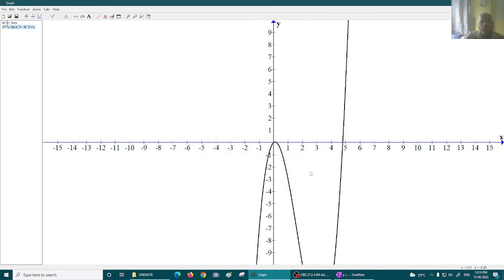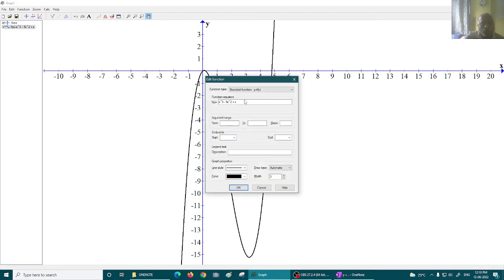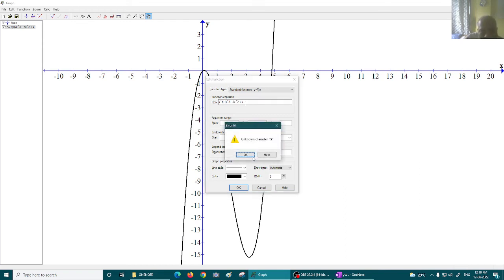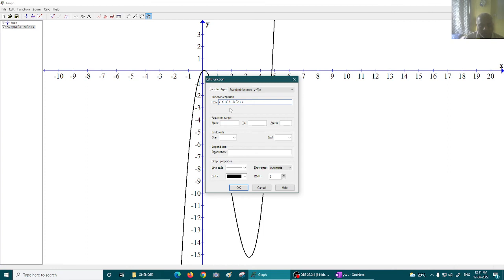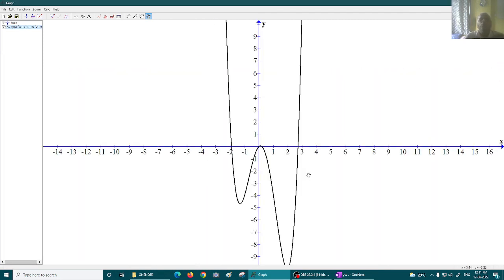Okay, so now it looks like this. That's the nature of this. If you want, you can add say x raised to 4 over here and then minus x cube and so on. So this is the nature of that graph and so on.